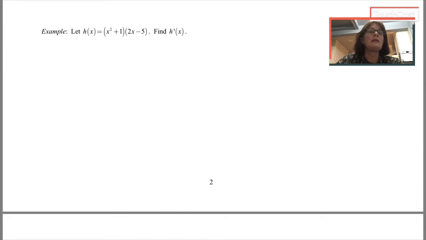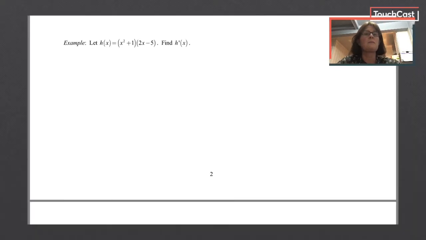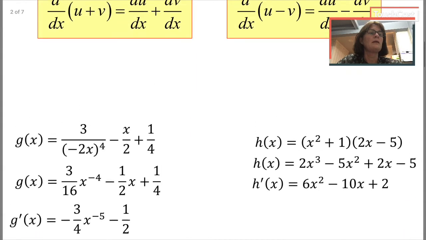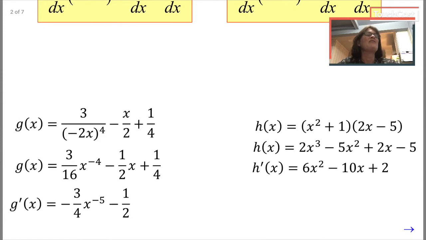Okay, so now when it's time to answer this one, I have a slide for this. Oh, it's not that exciting a slide. If I want to take the derivative of x squared plus 1 times 2x minus 5, you may not make the assumption that you can take the derivative of each factor and multiply them.